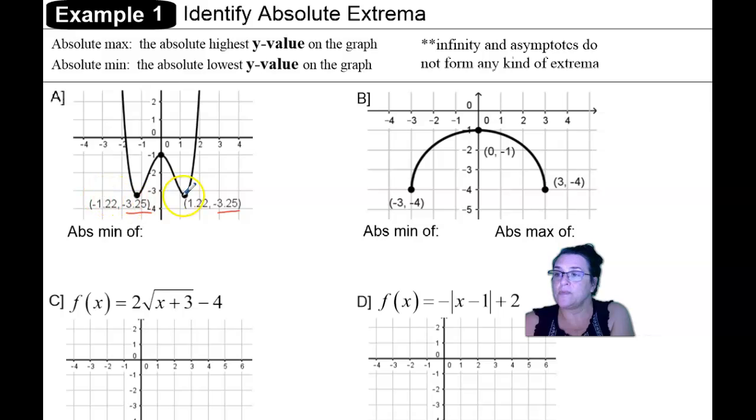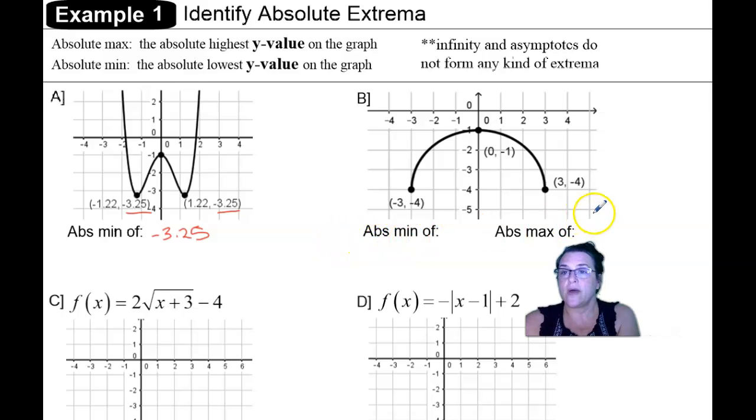So that would be the very lowest possible value in our range, which would make it an absolute minimum. So this graph has an absolute minimum of -3.25, right? That's the y value at that lowest point.